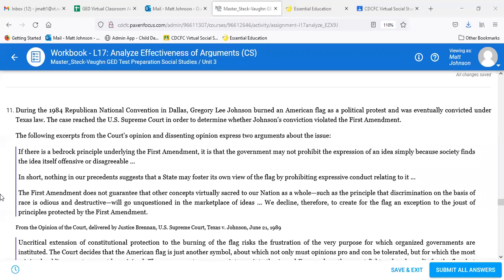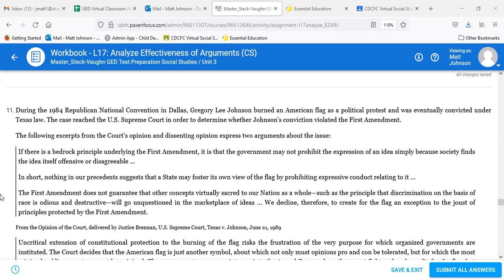The First Amendment does not guarantee that other concepts virtually sacred to our nation as a whole, such as the principle that discrimination on the basis of race is odious and destructive, will go unquestioned in the marketplace of ideas. We decline, therefore, to create for the flag an exception to the joust of principles protected by the First Amendment.